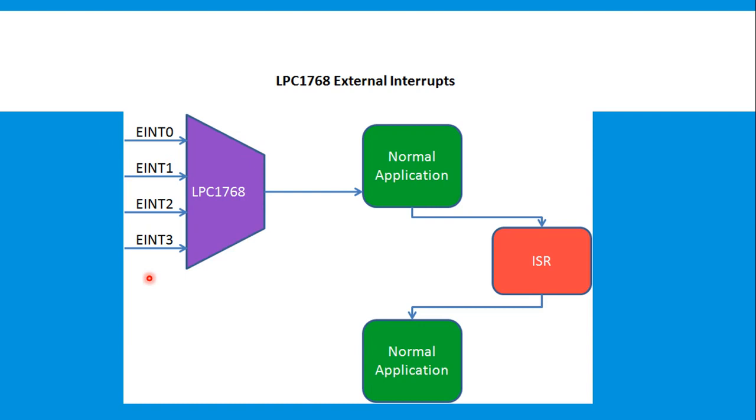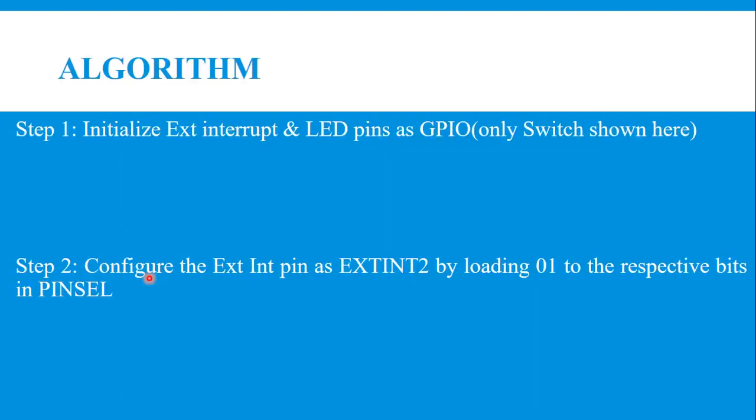Now the common algorithm, in order to get the status of LED10 upon occurrence of an external interrupt. The first step is to initialize the external interrupt and LED pins as GPIO. I'll show you the pin P2.12 for external interrupt, to make it a GPIO.